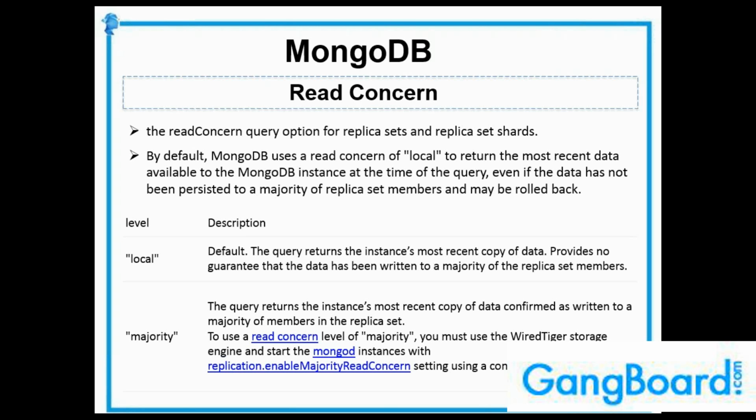If some delay is there between the primary and secondary, you will still get some delayed data. But if you set majority, it will check other nodes as well, and then give you the latest data. This majority is available only from version 3.0 with the WiredTiger storage engine. But again, no one will be changing this read concern as well.